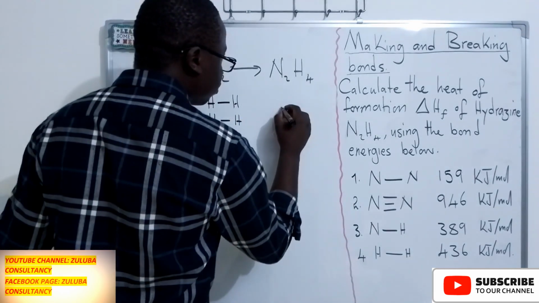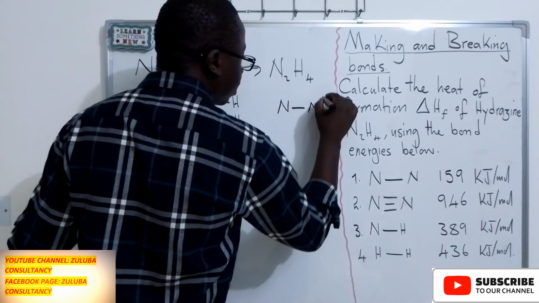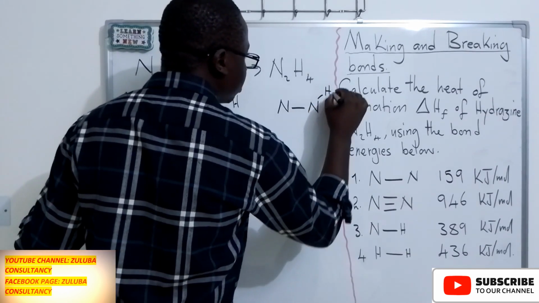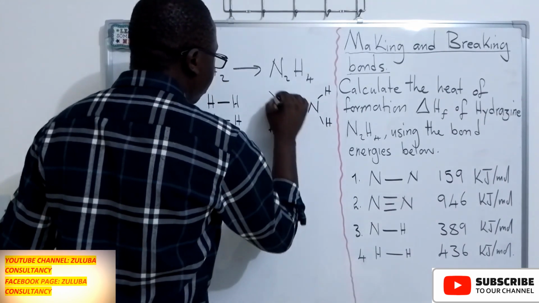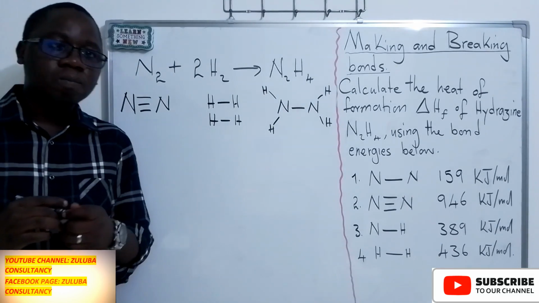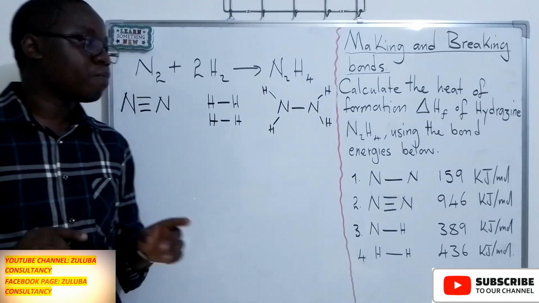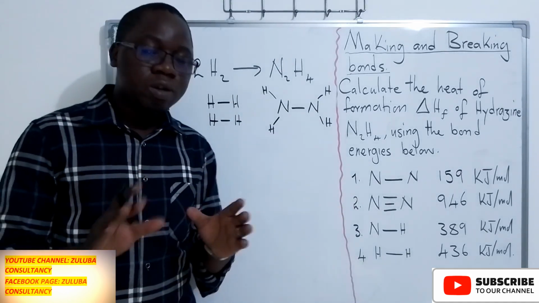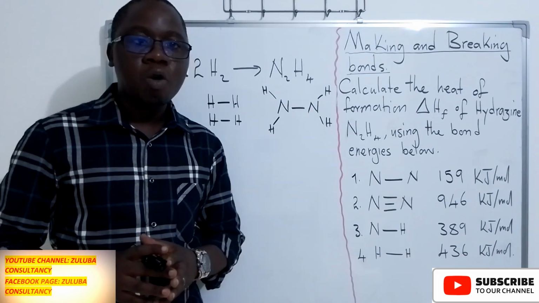Then for the product, we have nitrogen bonding with another nitrogen and 4 hydrogens attached to them. If you manage to write these Lewis structures, then you have managed to perform the second step when you want to calculate the heat of formation using bond energies.